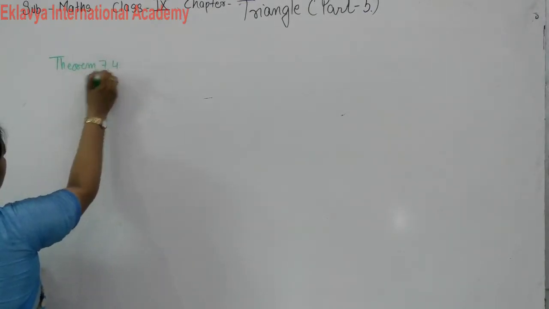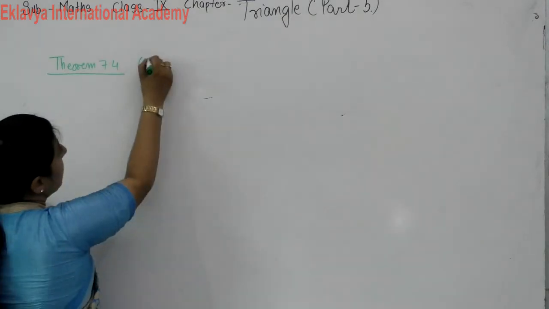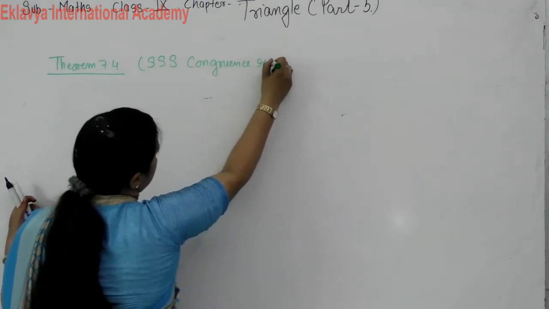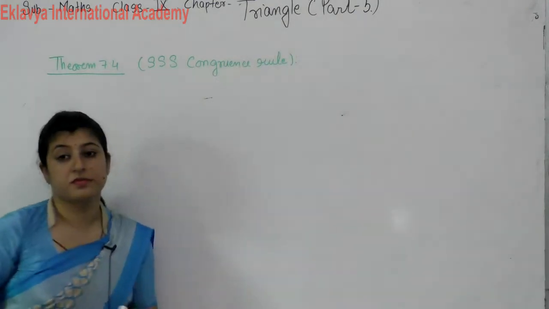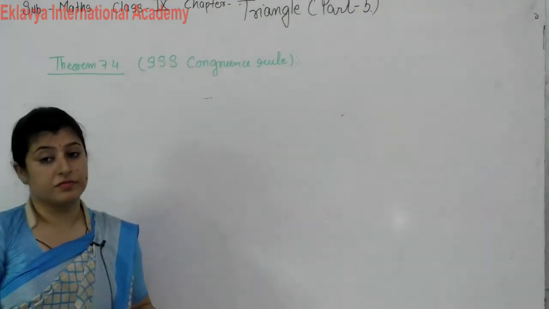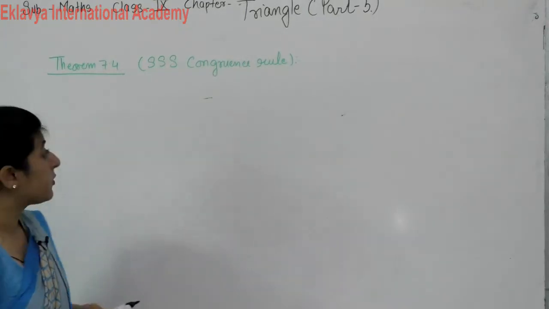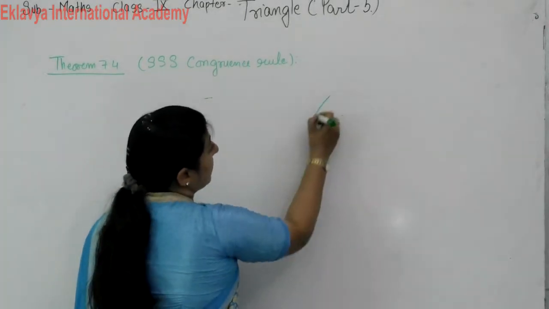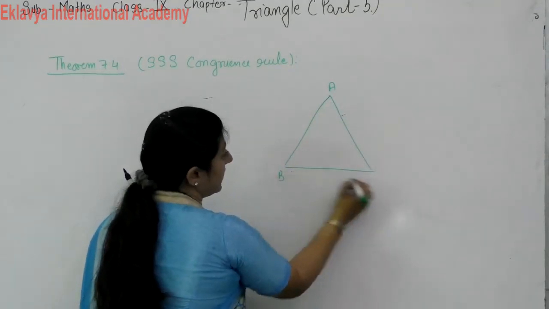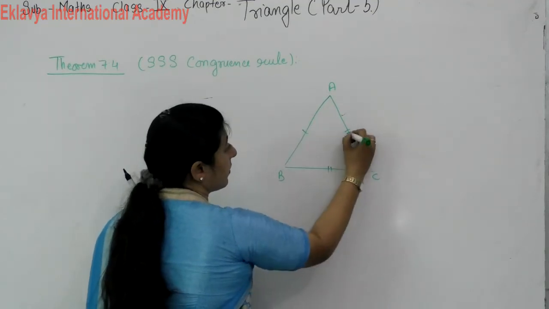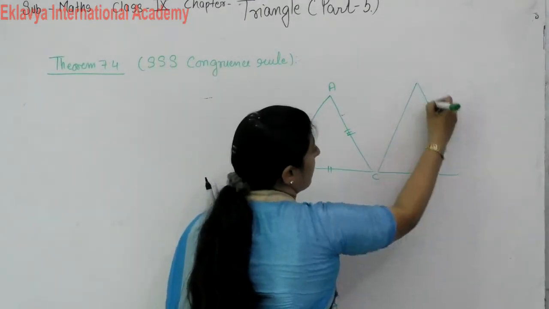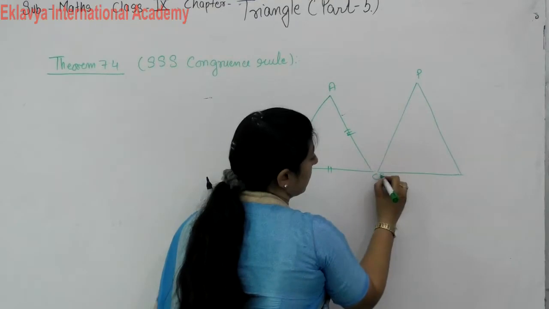Theorem 7.4, that is the triple S congruency rule. Triple S congruency rule means all the sides of one triangle ABC are equal to all the sides of the other triangle.